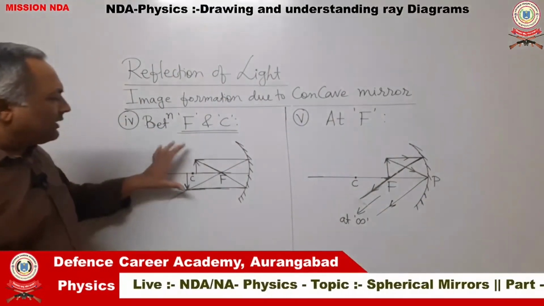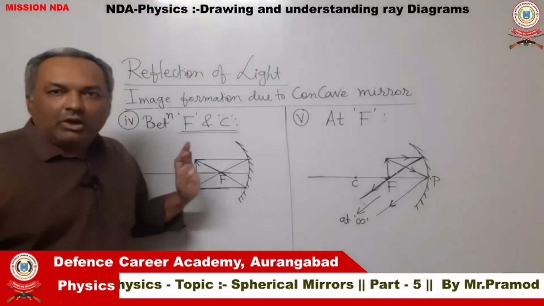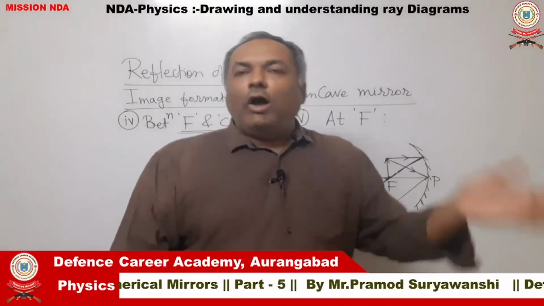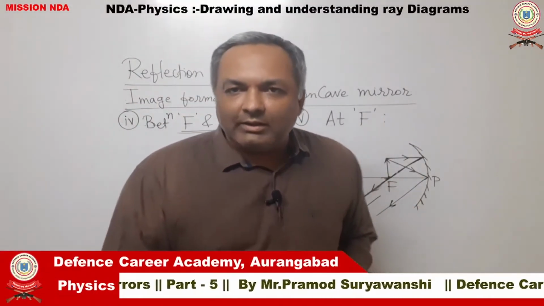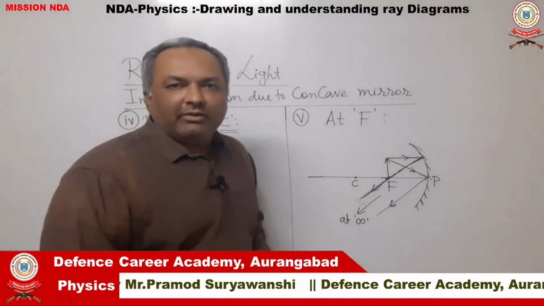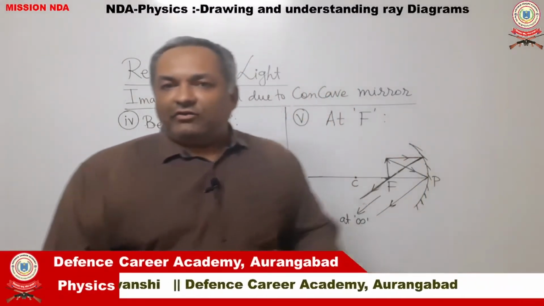If you just look at this ray diagram, you will realize the object is erect, image is inverted. So just to show whether the image is erect or inverted with respect to an object, the object and image both must be marked by arrows. So arrow shows their orientation.